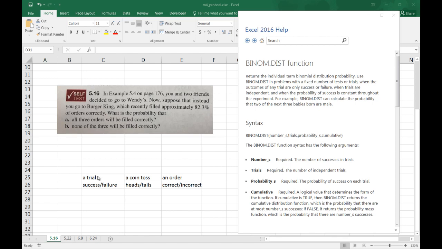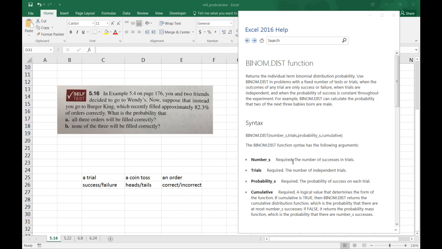Officially, a trial can only have either success or failure as one of the 2 outcomes. Equivalently, for a coin toss, you can only have either heads or tails as the 2 possible outcomes. And in this example, an order can only be either correctly filled or incorrectly filled.